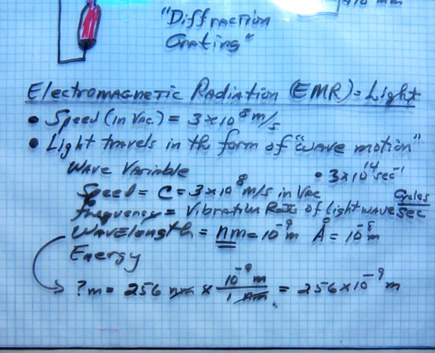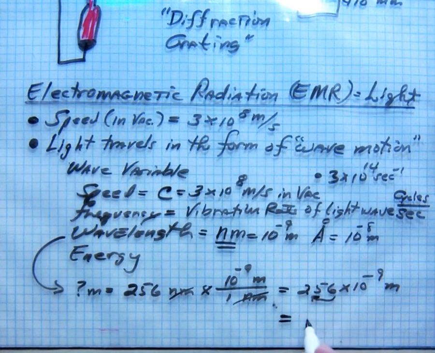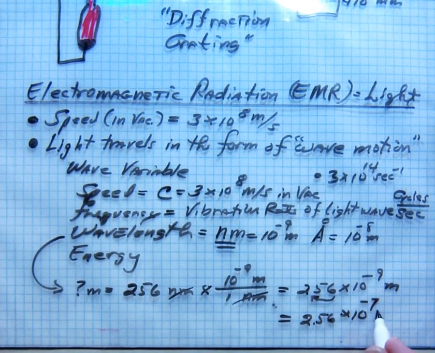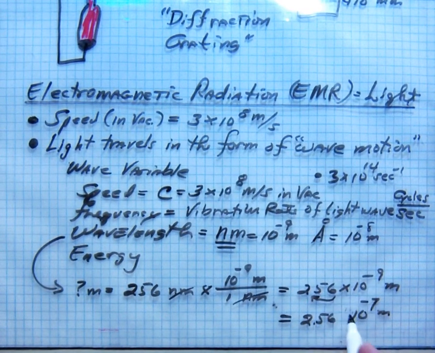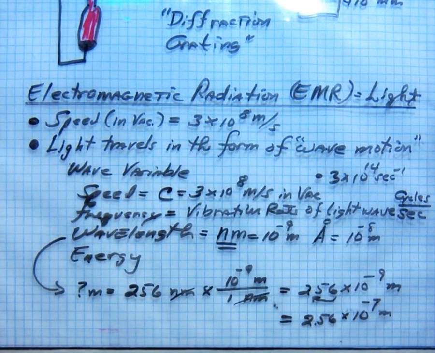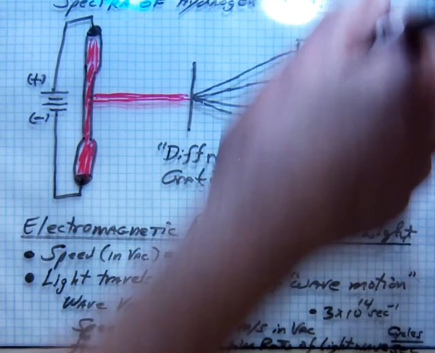Here's what I'm getting to. Putting that in standard form moves the decimal place 2 places to the left, and you'll wind up with 2.56 times 10 to the -7 meter. Now, why is that important? Because we're going to be talking about a very small field of interest right here.